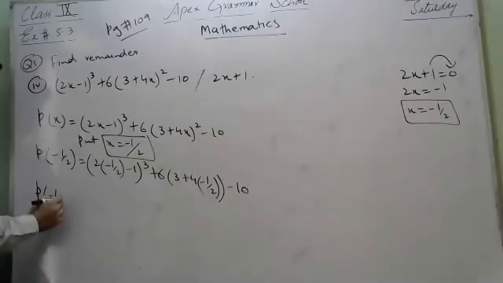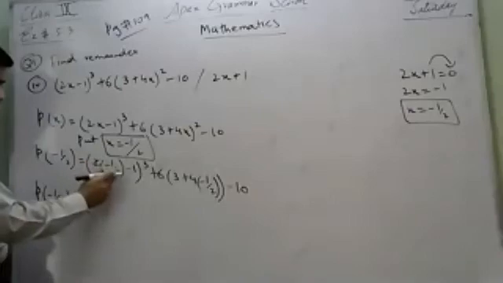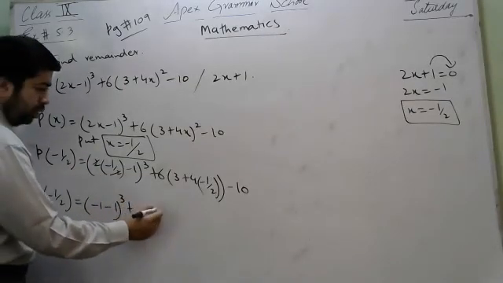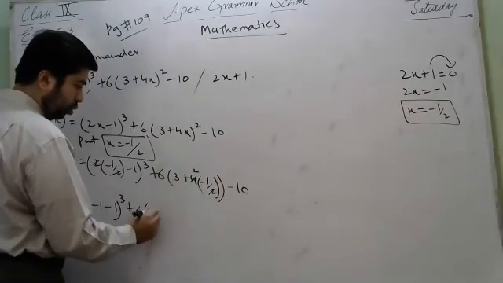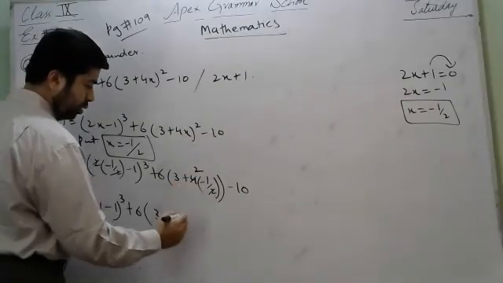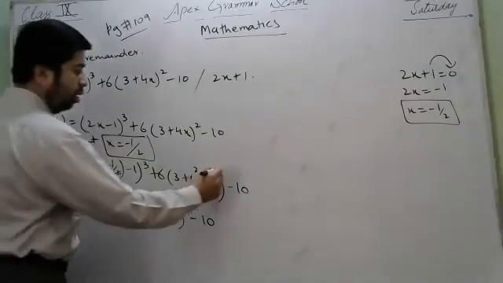This 2 will cancel with this 2, minus 1, and then again minus 1 cubed, plus 6 into 3 plus, this 2 is going to cancel with this 2, into minus 2, and then minus 10.